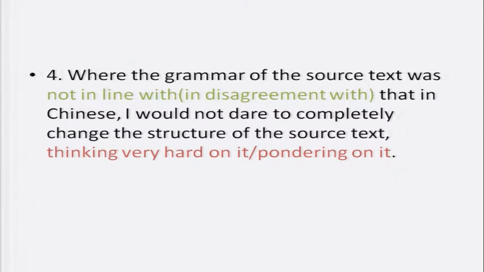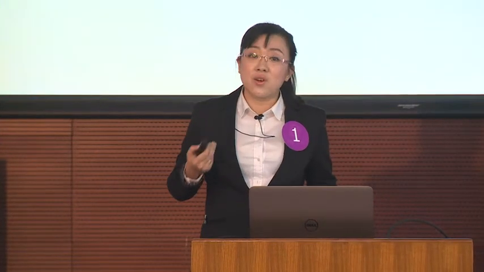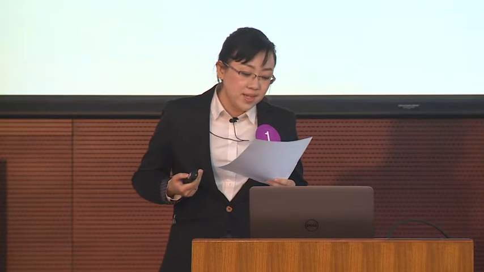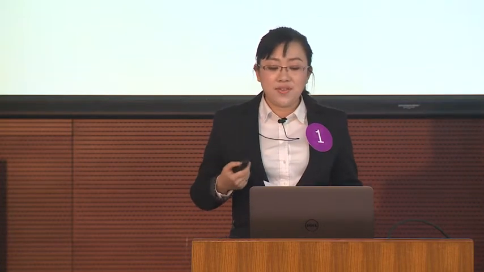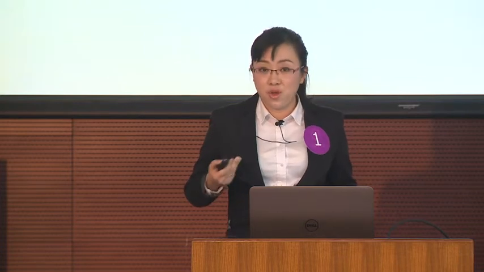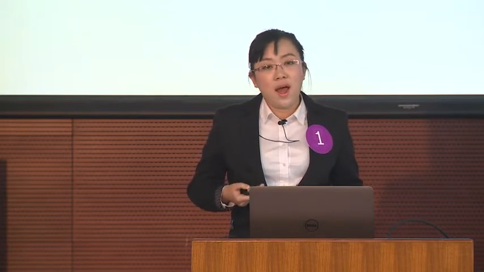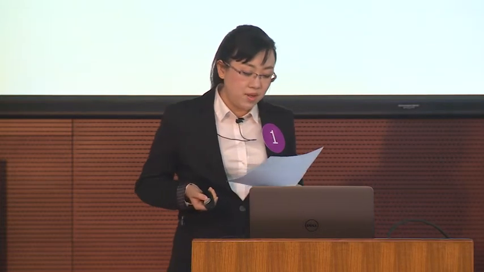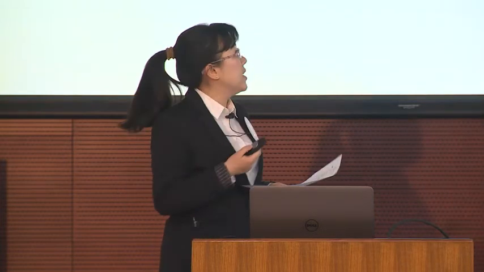You can say when this is not in line with the Chinese grammar, or when that is in disagreement with the Chinese grammar. And then 往往再四咀嚼, that means I think very hard on that. I thought very hard on it, or I was pondering on it to try to figure out how to solve this problem. So we can translate it like this.